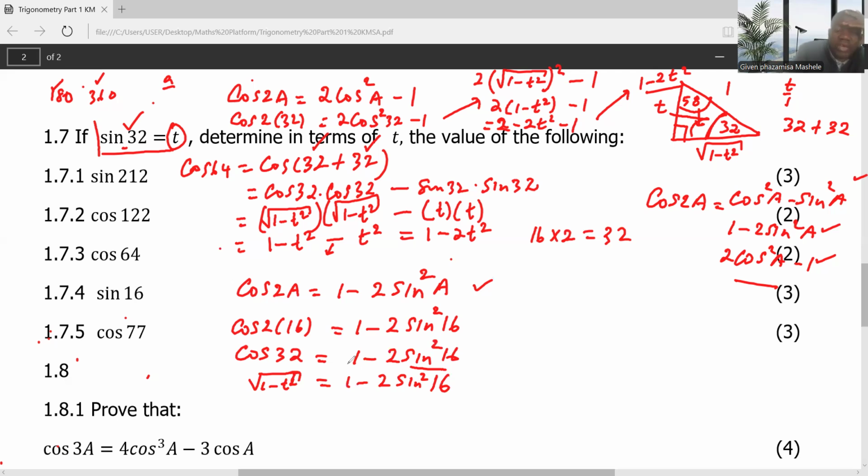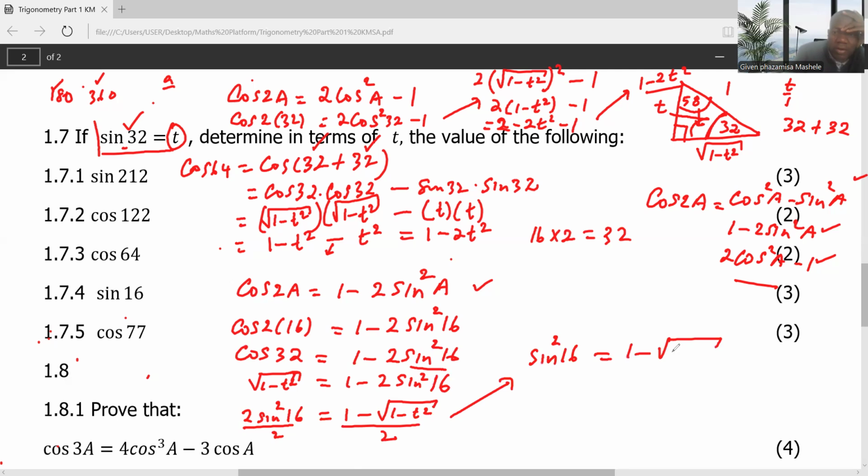So to do that, we can transpose root 1 minus t squared to the right hand side. Then we transpose 2 sine squared to the left. So this becomes 2 sine squared 16 equals 1 minus the root of 1 minus t squared. And we divide both sides by 2. This will give us sine squared 16 equals 1 minus the root of 1 minus t squared, divided by 2.